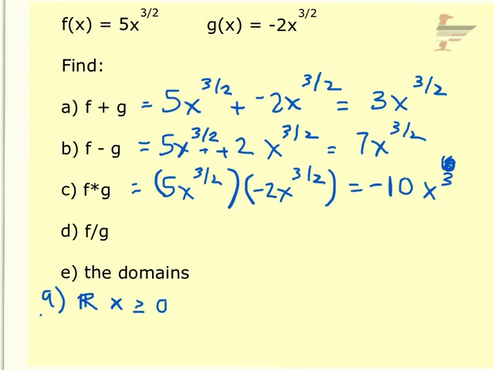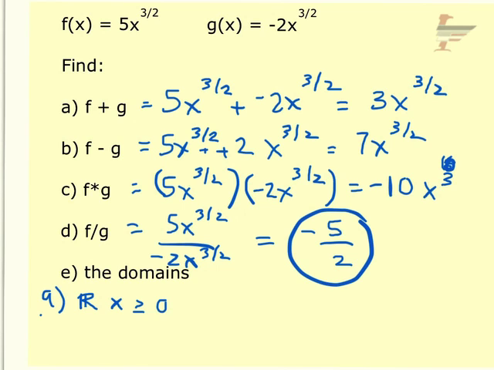And last but not least, I'm going to divide these. So 5 divided by negative 2 is still negative 5 halves. And then when you have like bases, you subtract the exponents. Well, 3 halves minus 3 halves is 0, and x to the 0 would be 1. So I just have negative 5 halves. Now again, here, your x is wiped out, but down, you want to look at your unsimplified.